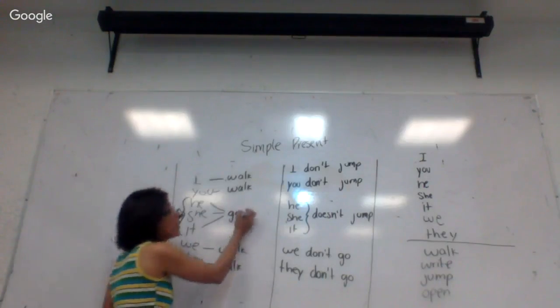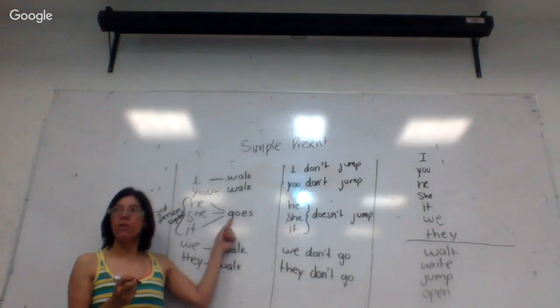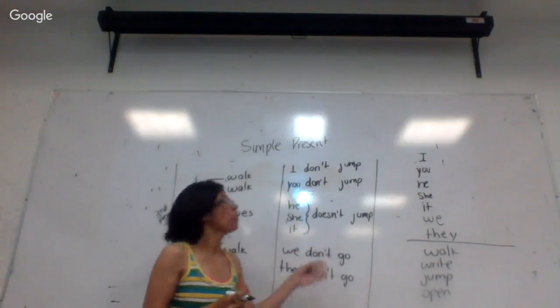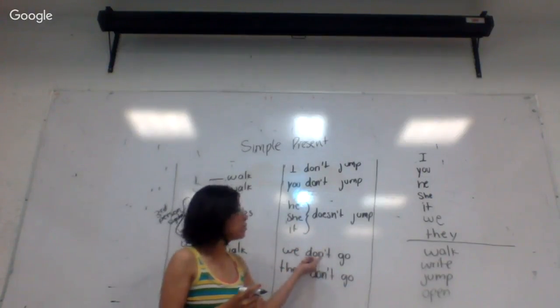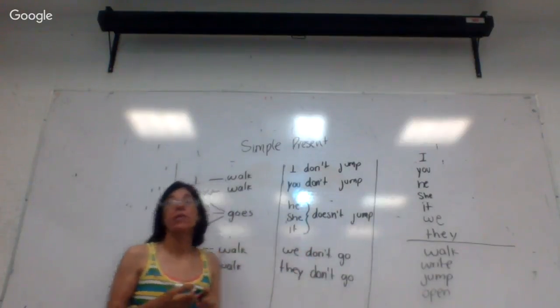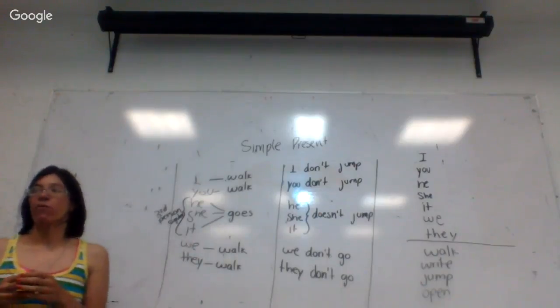We are going to add es because we have the letter O here. If you use it in negative, you change it the same. If you use don't, it's don't go. If you use doesn't, it's doesn't go. So the difference in this one is going to be in the affirmative form.